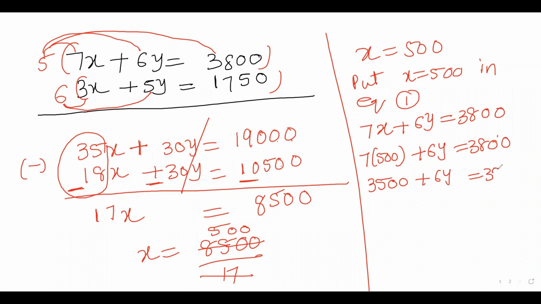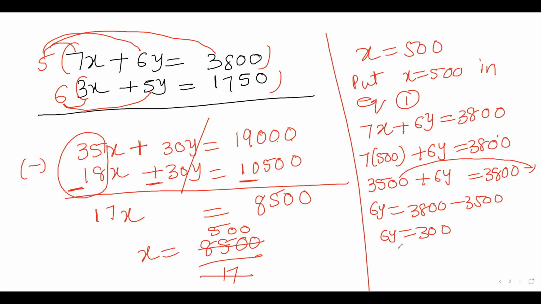Transpose 3500, and on transposing it will become minus. So 6y is equal to 300, y is equal to 300 by 6. 6 5s are 30, 0 will come, so y is equal to 50.